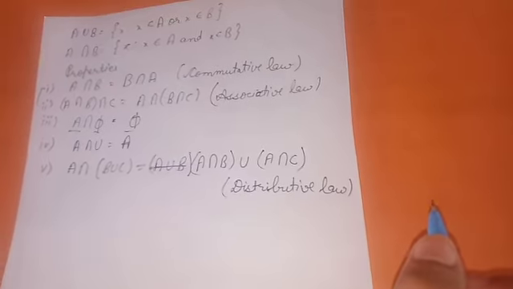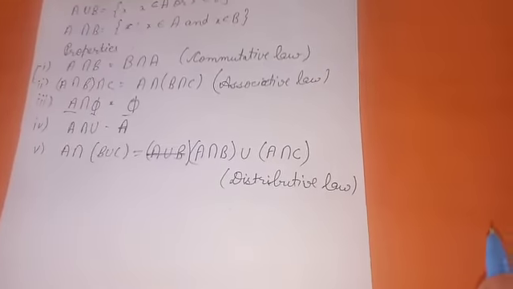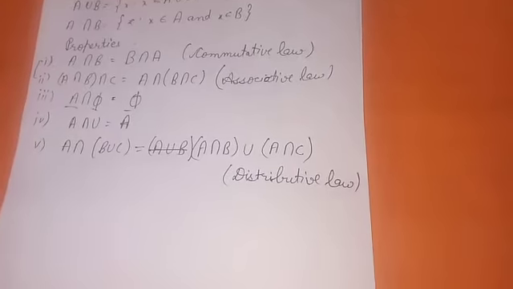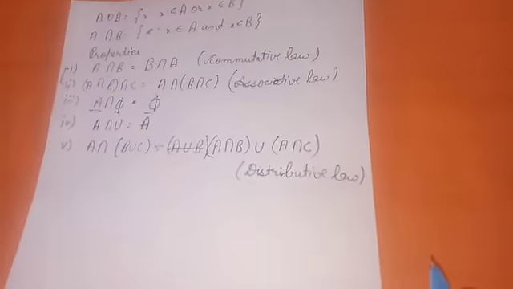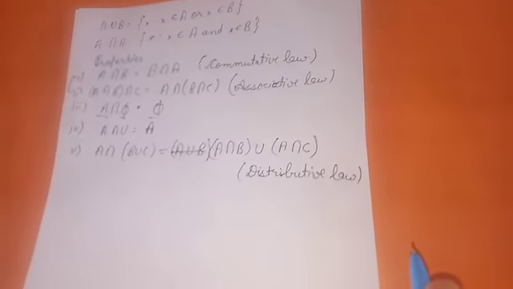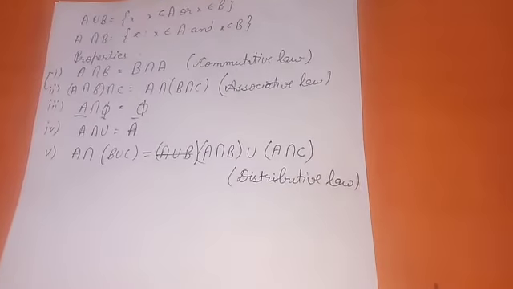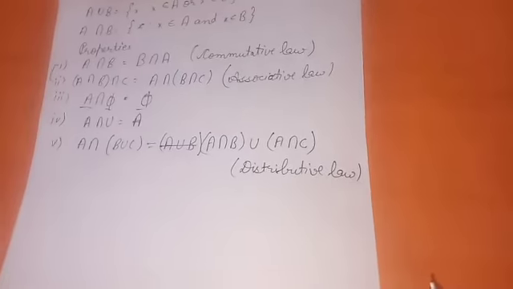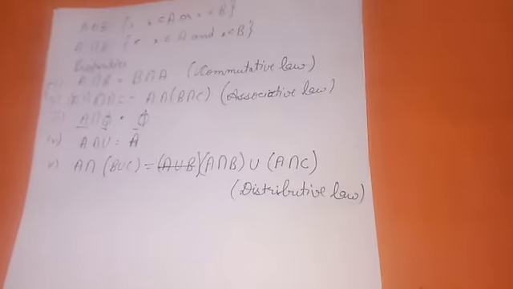This last property is our distributive law. This is shown through Venn diagrams in your book. You can understand from there, you will get it very easily. The first and second pictures of figure 1.7 represent the left hand side.